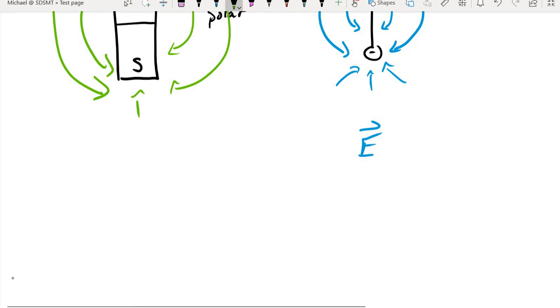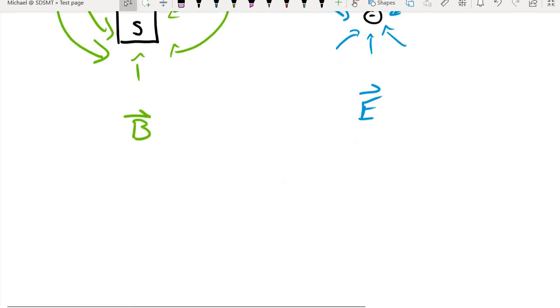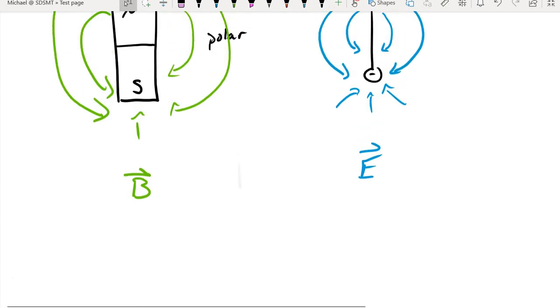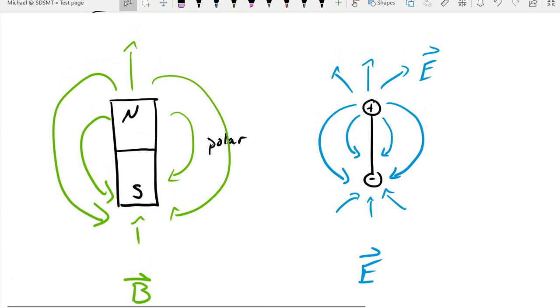And so for that, we're going to use capital B. And just like the electric field, the magnetic field is also going to be a vector. It has a direction that it points in, as is denoted by the direction that these field lines are pointing. For magnets, we will see the field lines point away from the north end and towards the south end. So very, very similar to what's happening with the plus and minus charges.